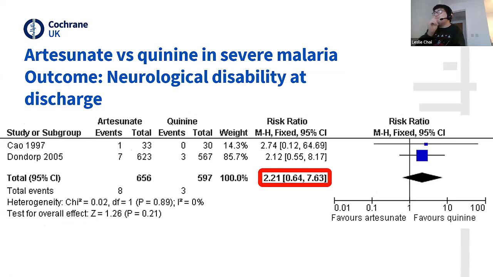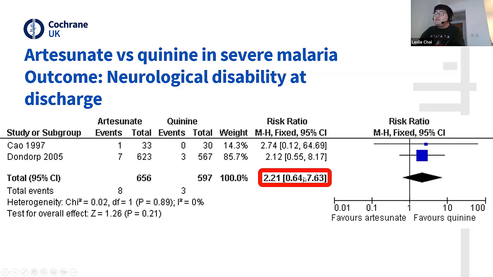And then again, hopefully this is an obvious example of a very imprecise result. So this is from the same review, but a different outcome, an adverse event, which is neurological disability at discharge. And you can see here there appears to be an increase in this adverse event for quinine compared to artesunate.